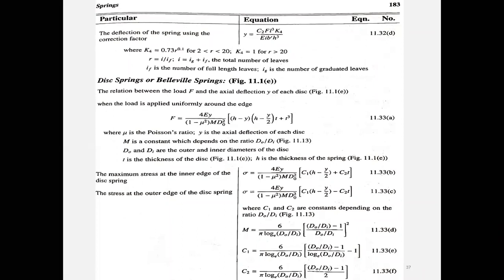You need to calculate how much is the safe load. To calculate that safe load, you can use formula 11.33a, where F is the applied load, E is the Young's modulus of the spring material, y is the deflection, and h is the height of the spring.